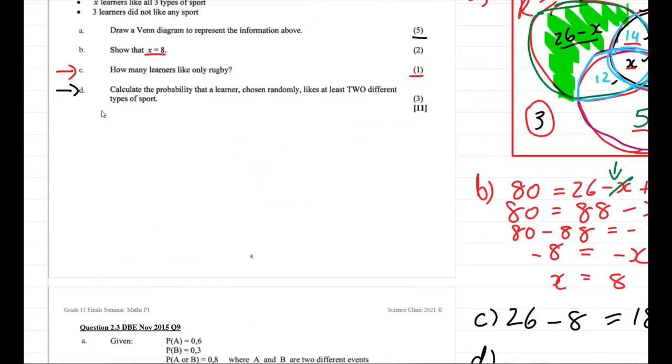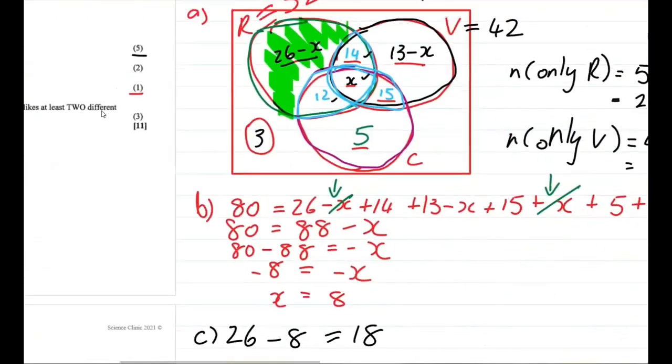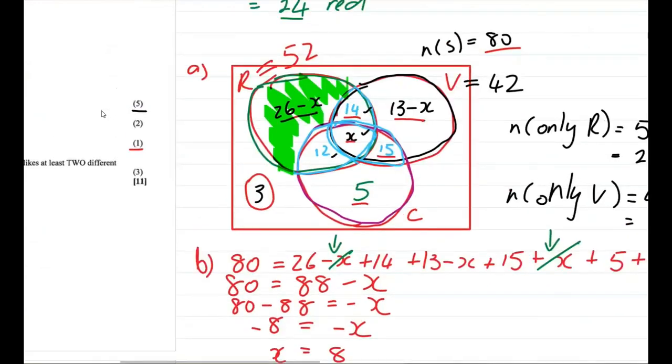They say calculate the probability that a learner chosen randomly likes at least 2 different types of sport. If somebody likes at least 2 different types of sport, what does that mean? I'm not sure.